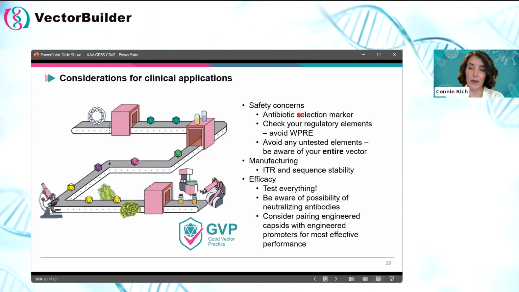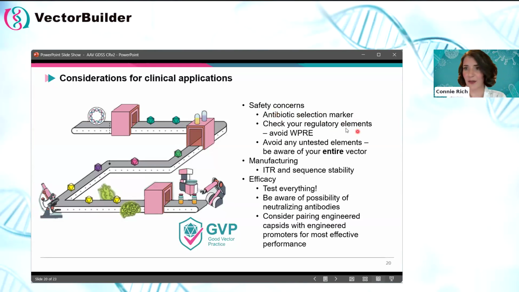So you either want to change that to kanamycin, or you can use a miniaturized vector that doesn't have any sort of antibiotic selection marker. There are a wide variety of different options for these miniaturized vectors available. We have our own named MiniVec that doesn't rely on any sort of selection markers, but these are great options for clinical development for not only your transfer vector, but also your packaging plasmids as well.